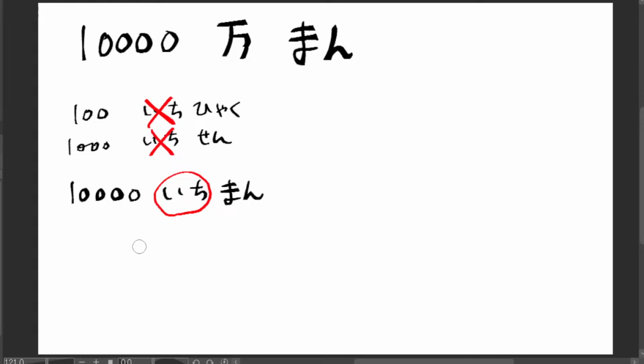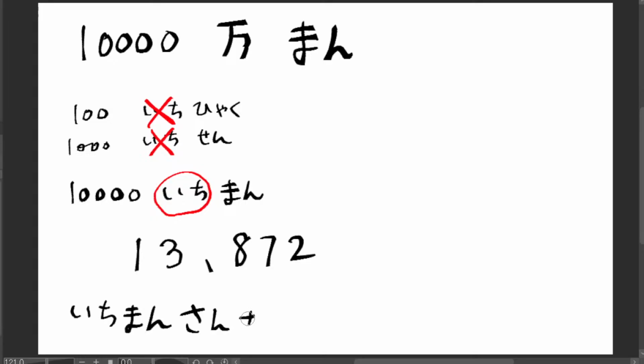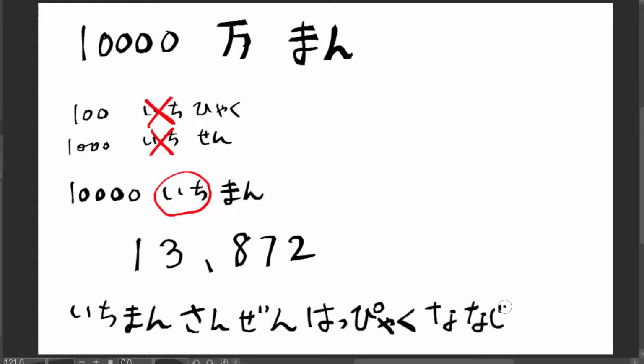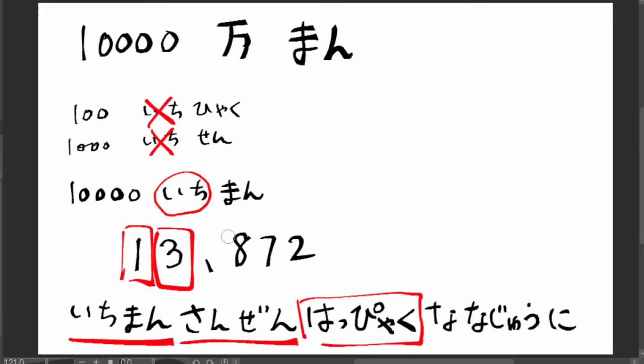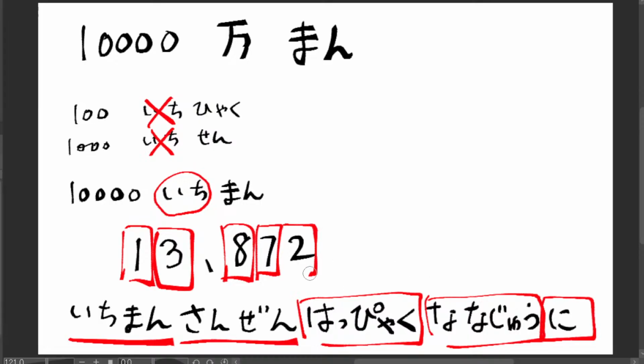So for example, 13,872. How do you read this? 1 man is this part, 3,000 is this part, 800 is this part, 70 is this one, and then you have this ni.